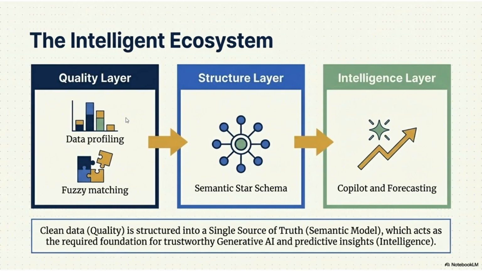This is a complete system: a strong structure layer, like data profiling and fuzzy matching, then a clean and validated quality layer, then the structured layer, maybe a star schema that needs to be used, and then an intelligence layer powered by AI like Copilot and forecasting. So clean data is structured into a single source of truth, a semantic model, which acts as the required foundation for trustworthy generative AI, predictive analytics, and insights.